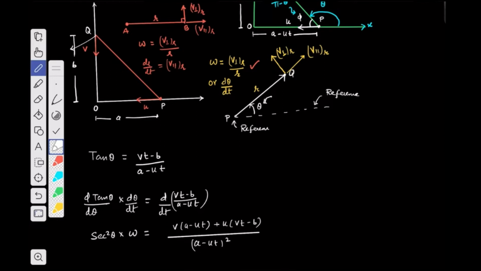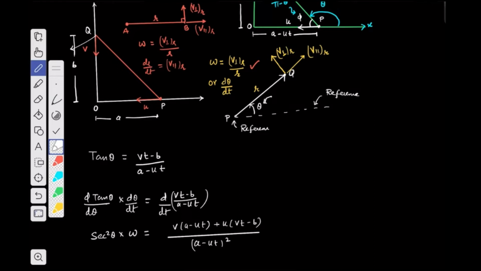And secant square theta, we can figure out secant square theta at a given time. So secant square theta we know as a function of time, and every other thing is in terms of t. So we can find omega as a function of time or not? See, calculation is reduced drastically if I try doing it this way now.